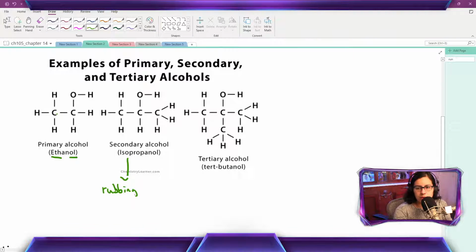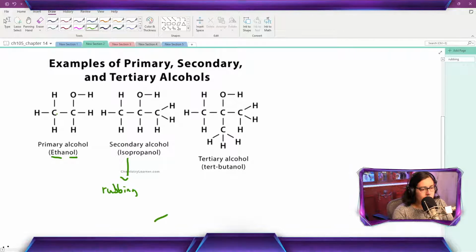Usually it's sold in like a 70% solution, but you could get it higher if you go to different stores. They sell isopropanol pure, and that's really nice for cleaning.